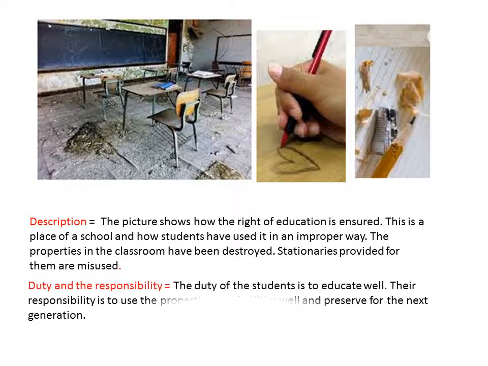So, the duty of the students is to educate well. Their responsibility is to use the properties and facilities well and preserve them for the next generation. What do you think? Yes, we'll go to the next.